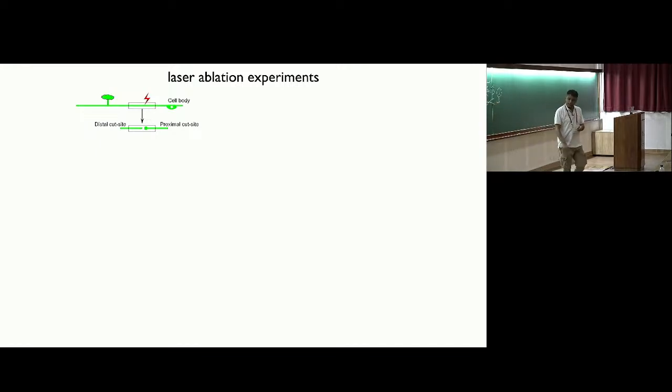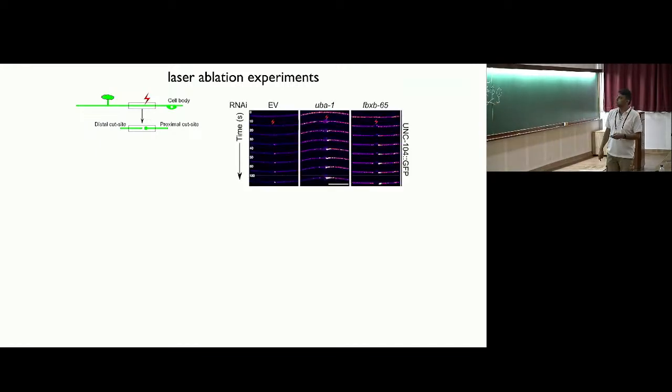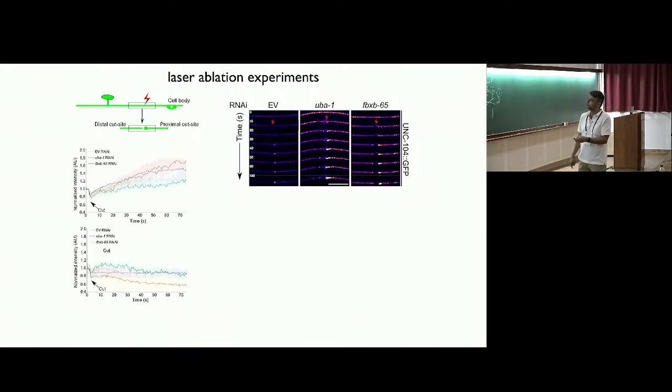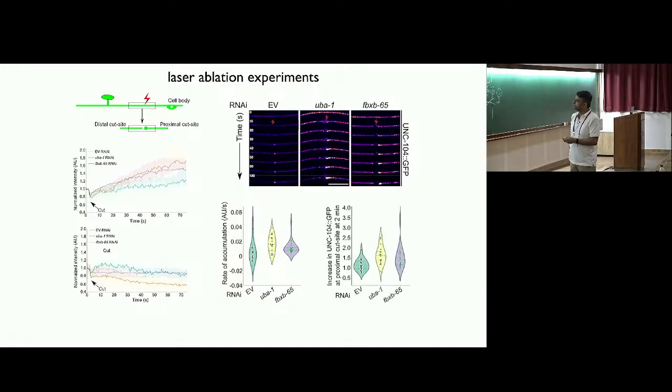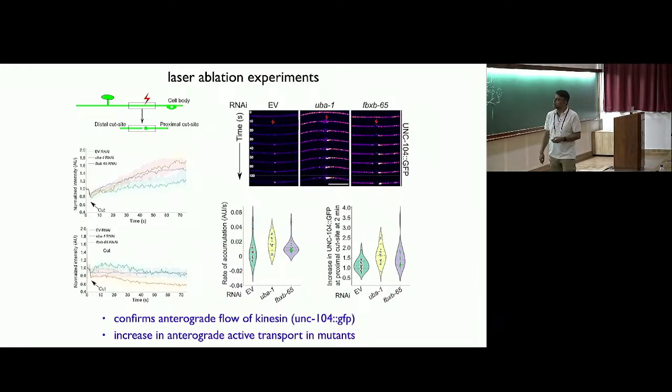That's exactly what the experimentalists did: with a laser ablation somewhere in between, you see accumulation of the cargo at the ablation site, and you can quantify how fast it accumulates. This rate of accumulation one can calculate.